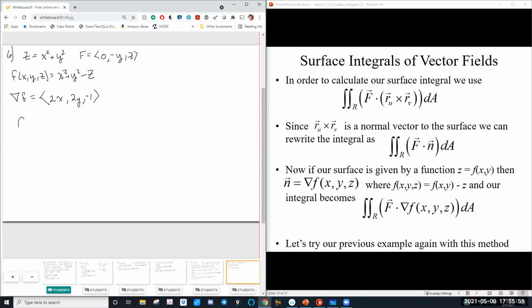Now we're going to dot the vector field with the gradient, and we'll be integrating over our region, which will be our shadow region.